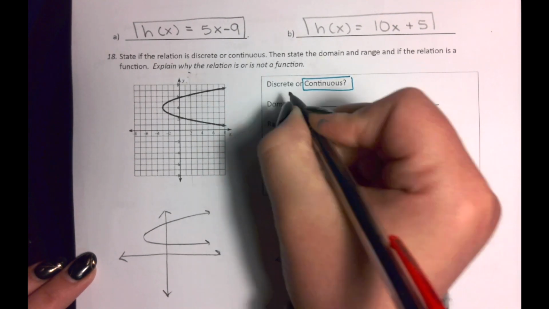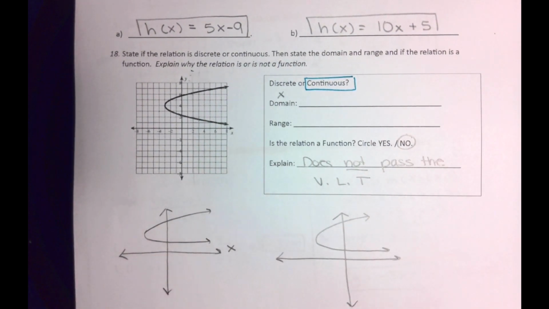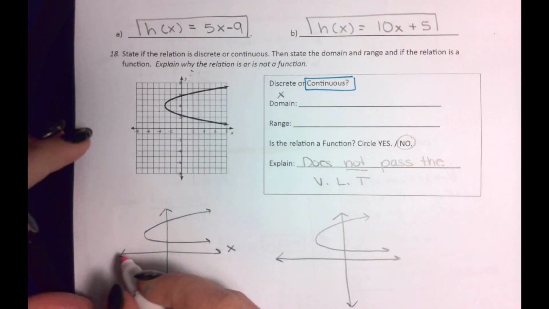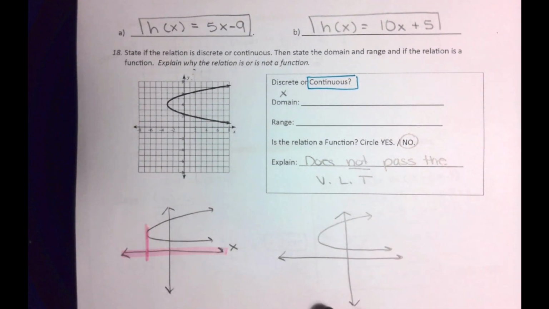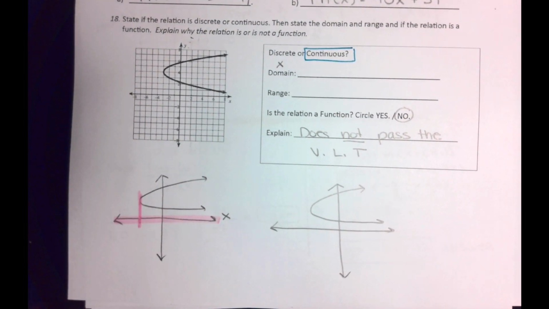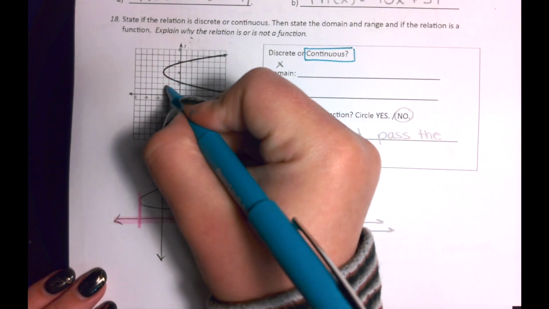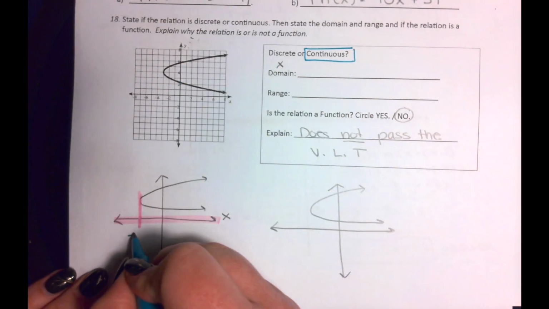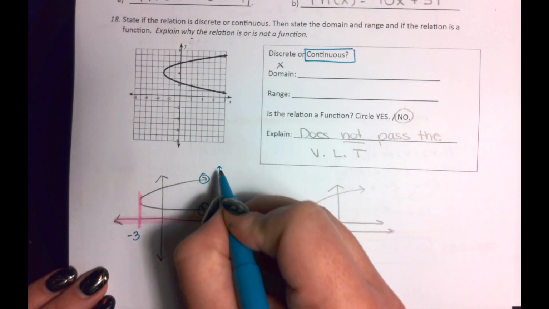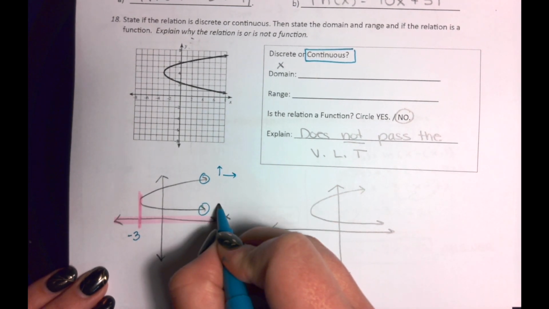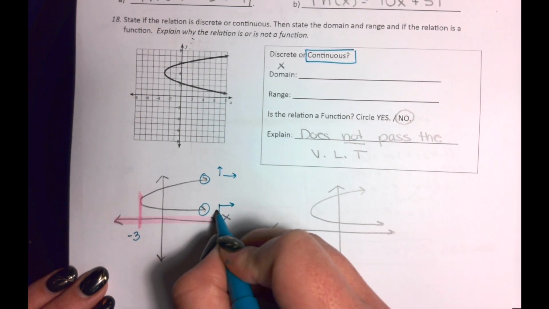For the domain, domain talks about your x values. So we will be looking on our x-axis. On our x-axis, what is the furthest point on the negative side that we can go? So if we're taking a look at our original, dragging it down, it is at -3. Notice we have arrows. Arrows are two-dimensional. We're going up and over. We're going over and down.